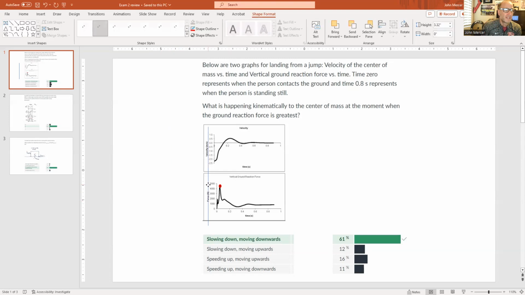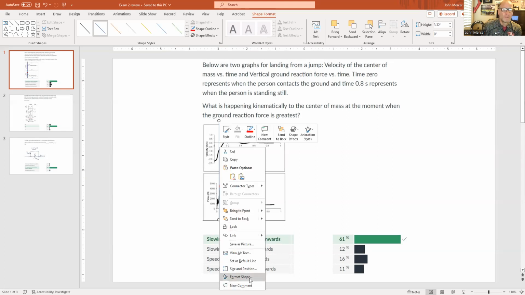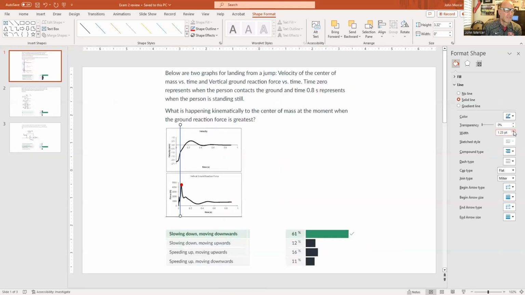And if I just take a vertical line through that highest point, roughly, as best PowerPoint is going to let me, it's not going to let me get to that highest point. I can make that wider, just so we can see this a little bit more. Okay, so we're right around this region here. What I'm trying to do is go right up to the velocity plot as best I can.